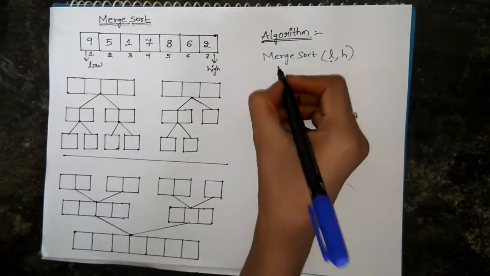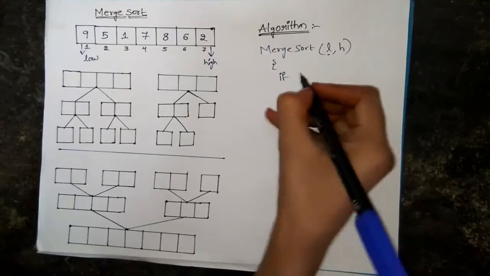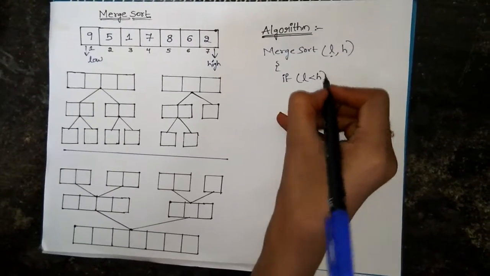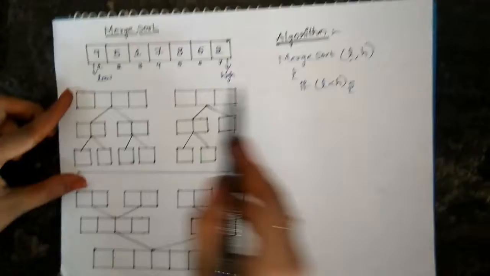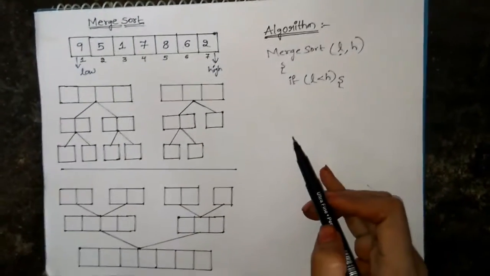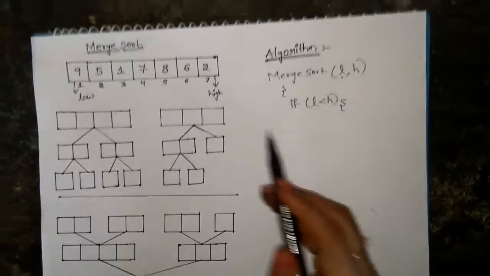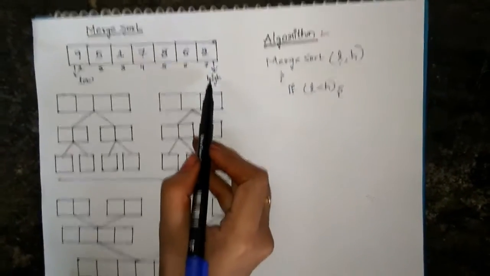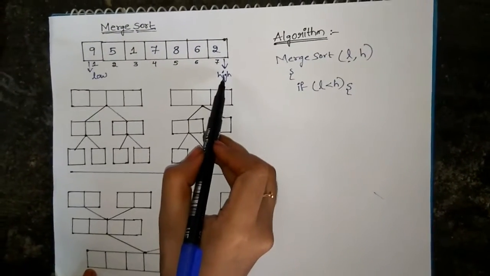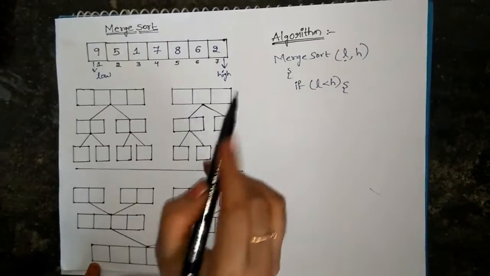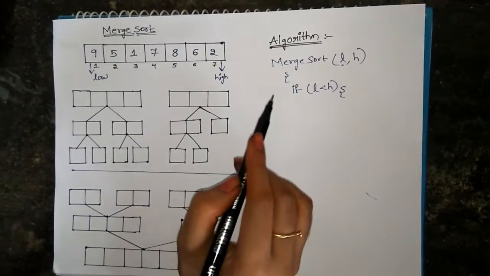Then check the condition. If L is less than H, and this condition is true, then go for the next step. L should be lesser than H. In case L is equal to H, then the array contains only one element.